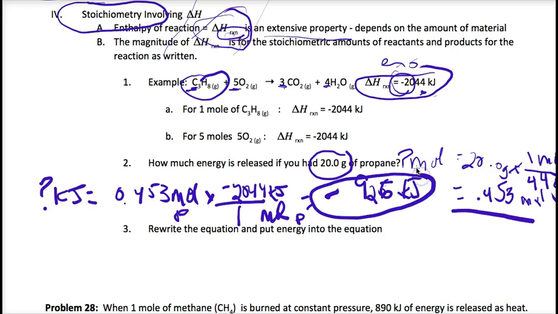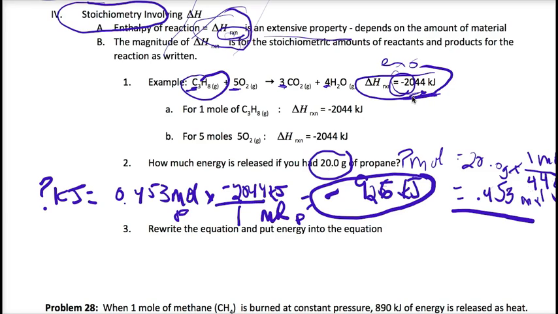And hopefully your answer is yes. How do I know that makes sense? Because my 20 grams of propane is less than 1 mole, right? Wasn't 1 mole 44.11 grams like I had over here? Yes. So if I have less than 1 mole of propane, then I should have less than, up here, 2,044 kilojoules of energy being released. So that makes sense to me.